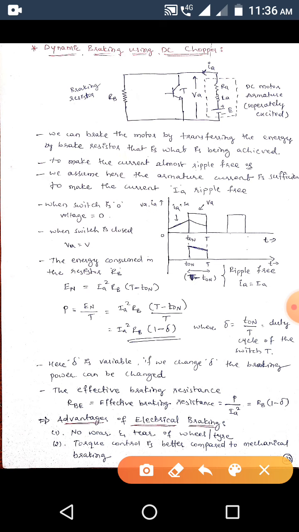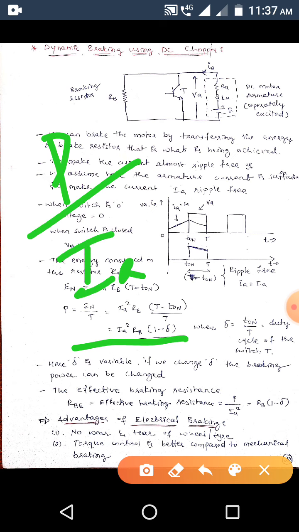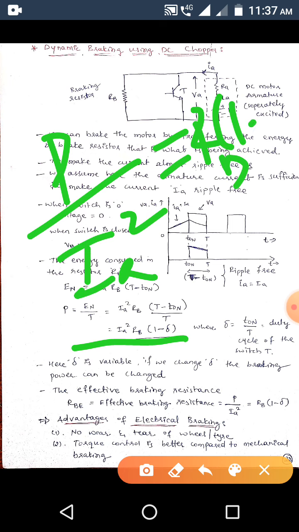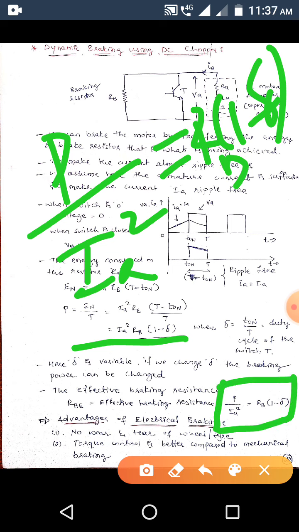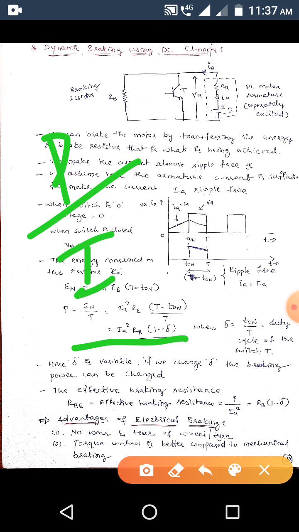If you simplify this equation, P divided by I square is equal to Rb into 1 minus delta, which is the effective braking resistance here.